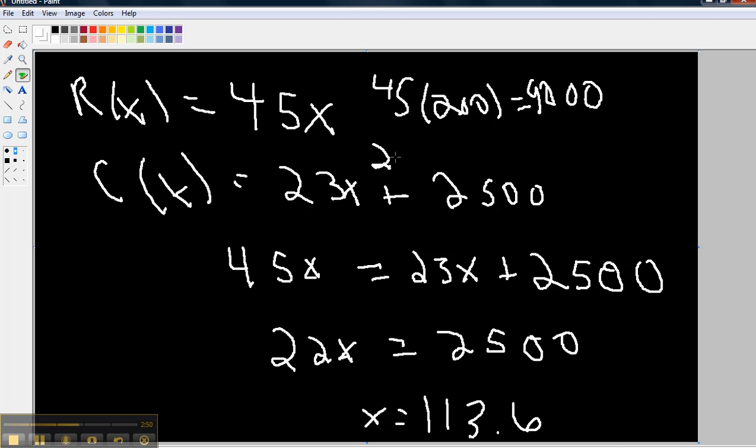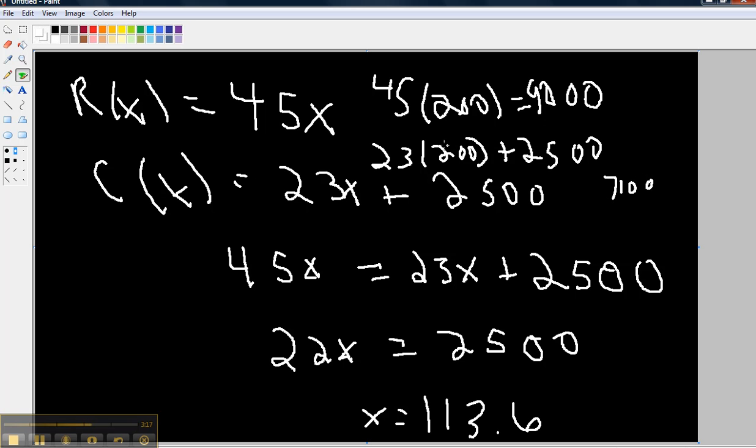Let's find the cost. It's going to be 23 times 200 plus 2,500. When I do these calculations, 23 times 200 is 4,600. Add those together, I get 7,100 for a total.